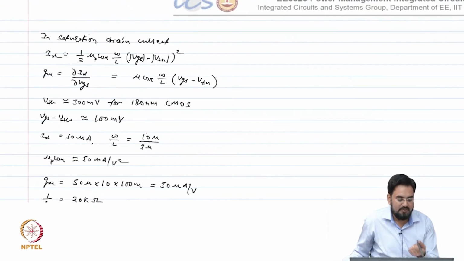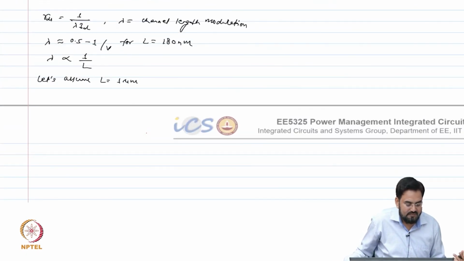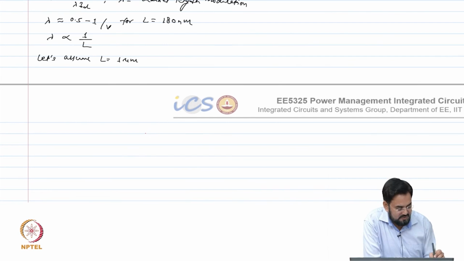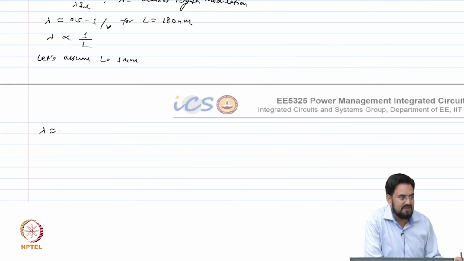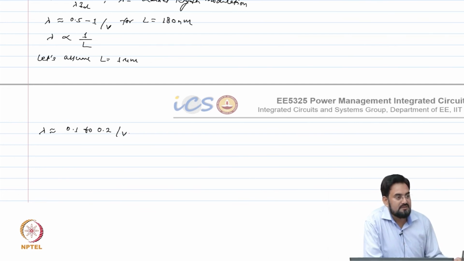Because we already saw W by L, that is what we consider. So, for 1 micron what will that be? So, 1 by 0.18, roughly 5 times. So, your lambda will be approximately 1 by 5, 0.2. If you consider 0.5 then 0.1, if you consider 1 then 0.2, which means 0.1 to 0.2 per volt. Okay.